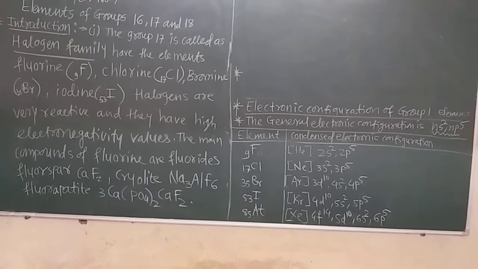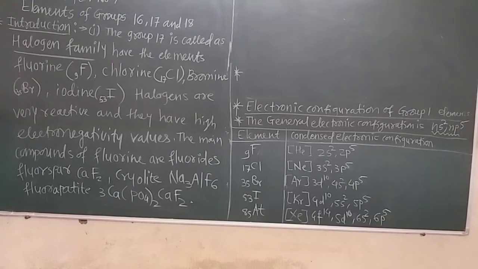So in the commercial toothpaste industry, they add fluorides for the protection of the teeth covering, that is the enamel. You know that from biology. Now fluorine has the compound fluorospar. The formula is CaF2. Remember that.